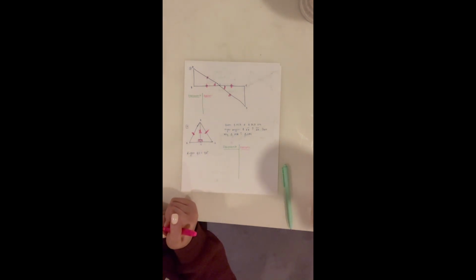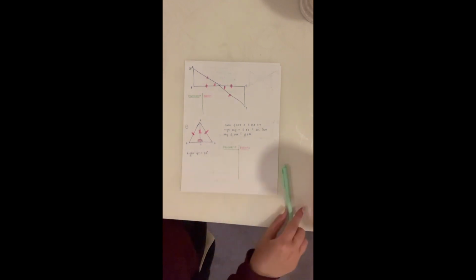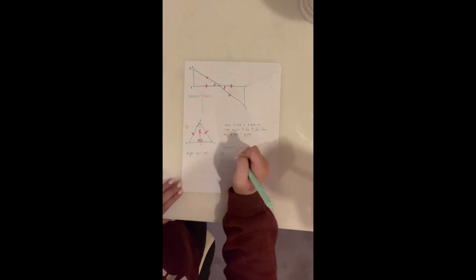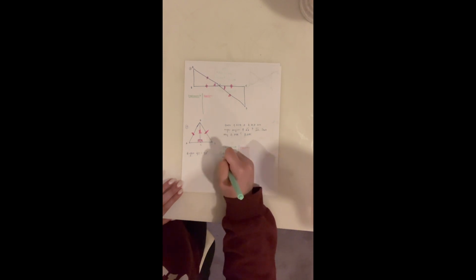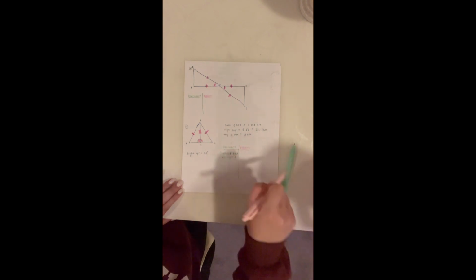So basically, we know that these two triangles are congruent to one another. So we're going to say that angle ACB and angle DCB are right angles, and that's because that's given to us.